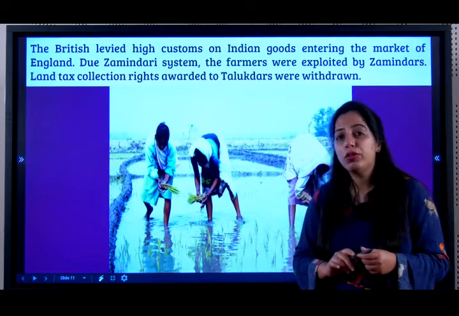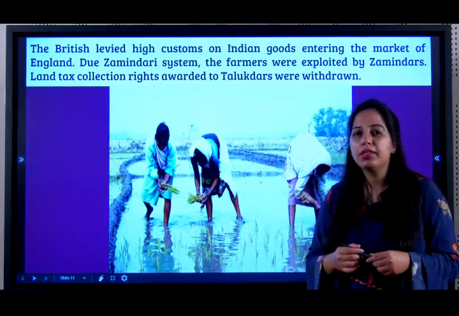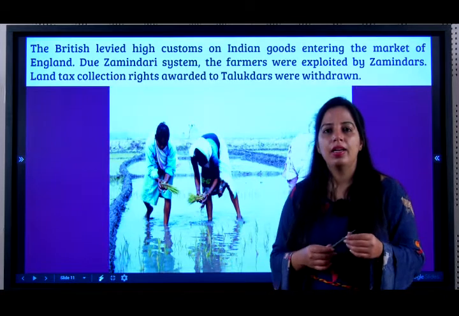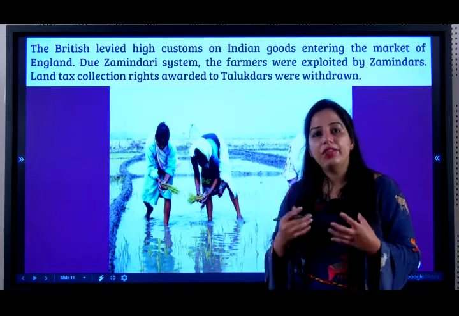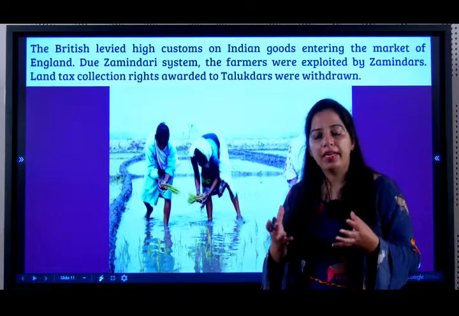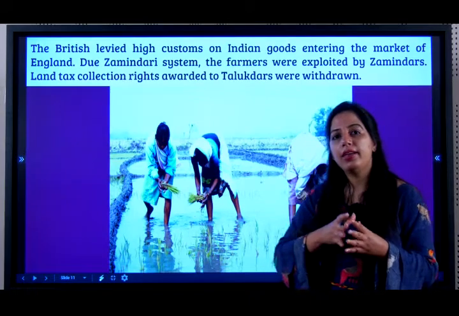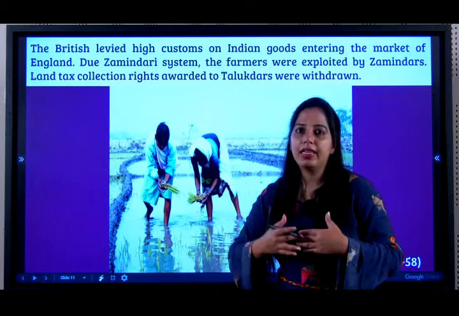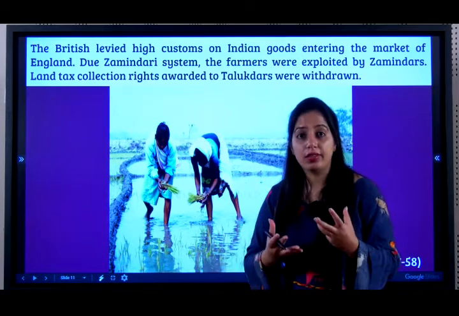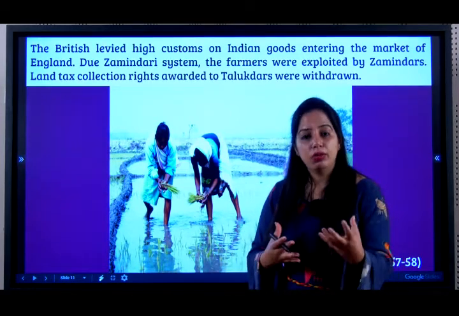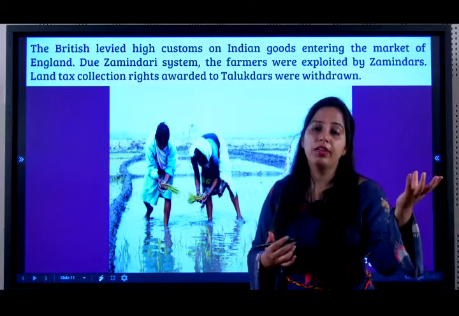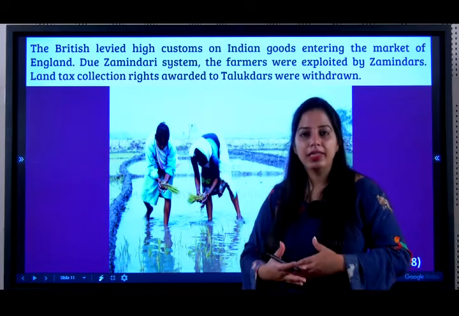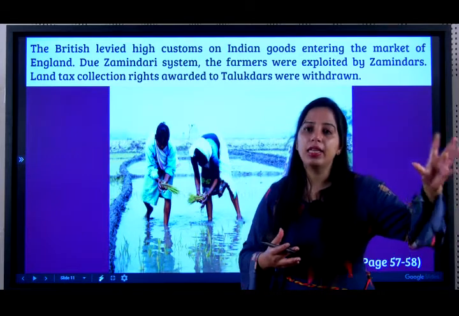The British also levied high customs. What is the meaning of high customs? Custom is a kind of tax paid when a product has to be sold in a country outside of the home country. Let's say I am running an export of handmade toys and these are being sold in the country of England. So from India, I am sending this to England.